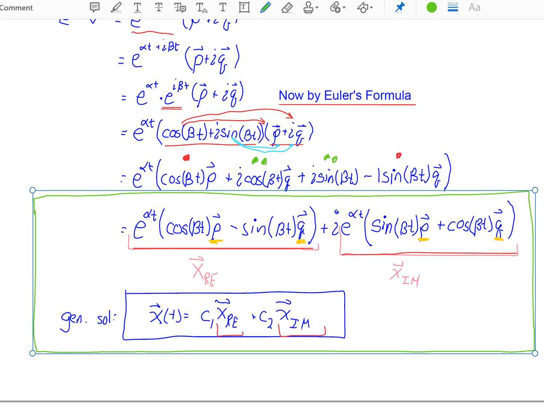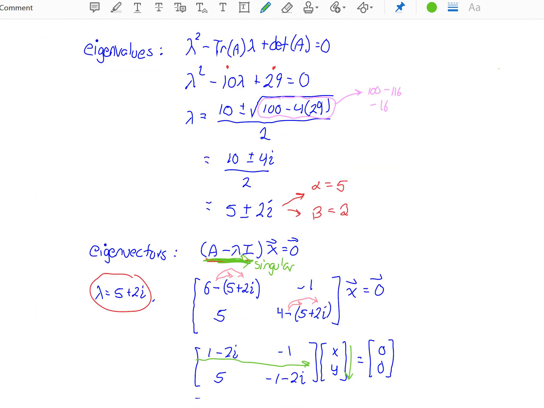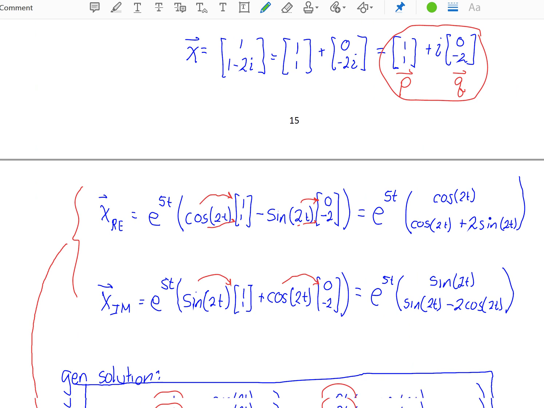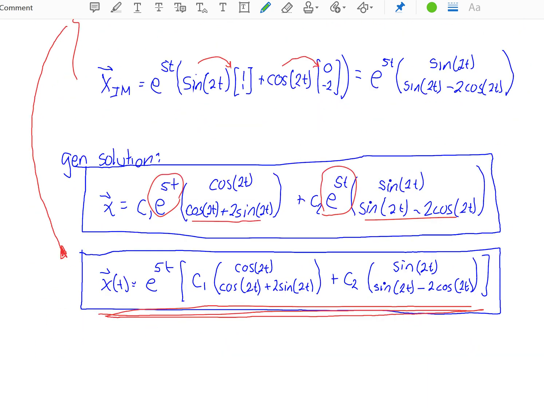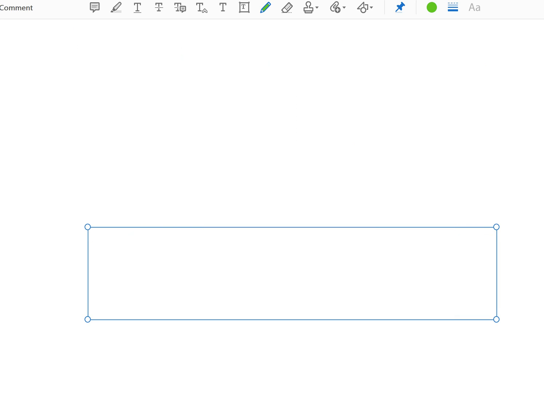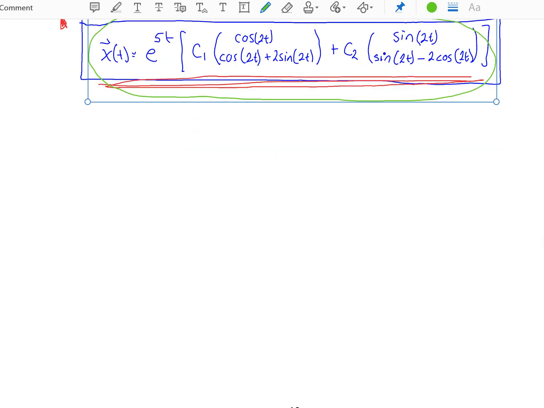And we looked at doing this with a first example, where we found our general solution to be given here. And I remember telling you in that video that most students will write our solutions in this form. We also looked at how to draw the phase portrait for such a system.